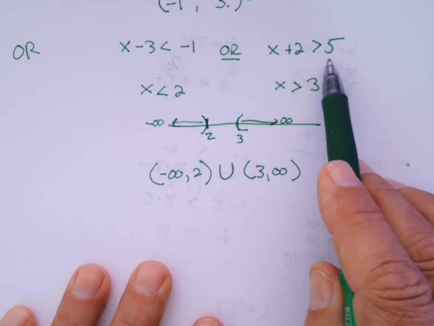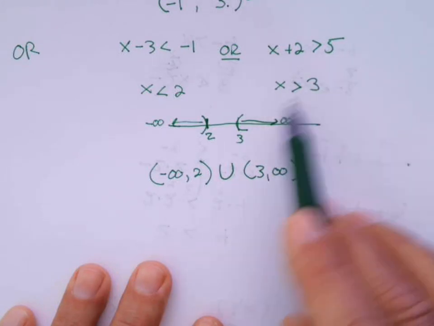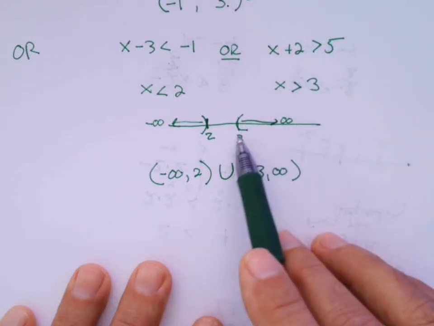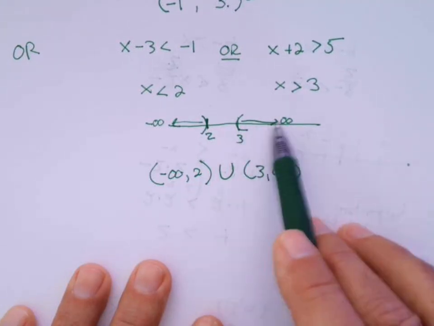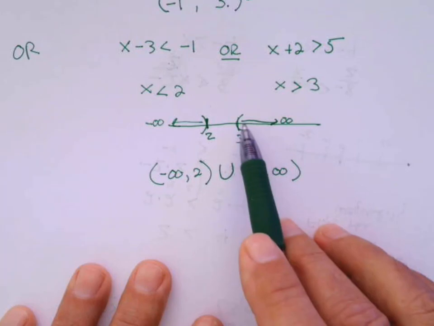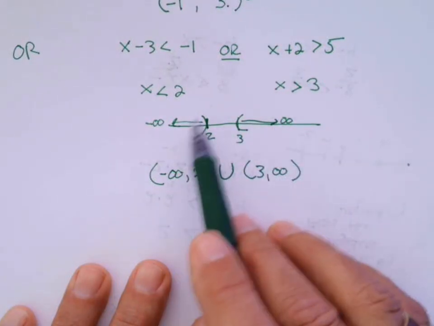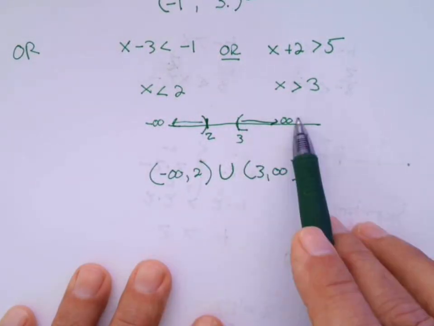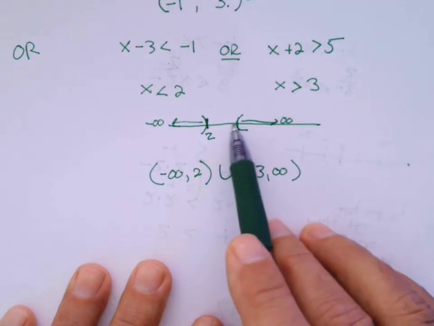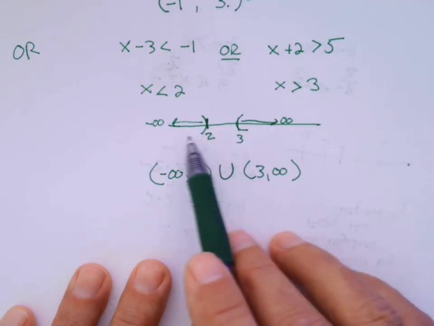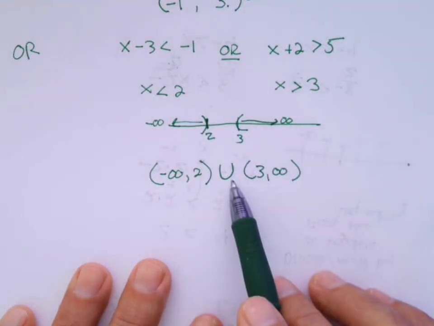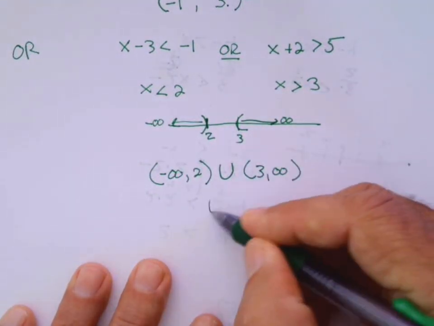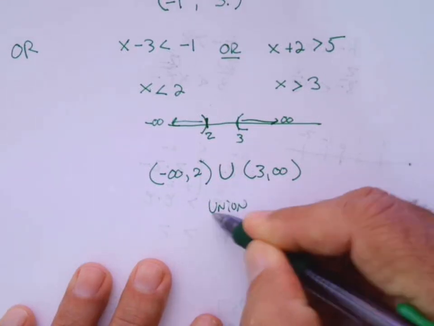The other inequality, when I solve that x is greater than 3, well, on that same graph, if this is 3, it's going off to the right forever. Well, here is the interval notation for this portion of the graph. So anywhere here and anywhere here, it's a valid answer. It's not going to be valid in between because there's no line there. But the way that I join these two intervals together is this big upside down U. It's called a union symbol, okay?